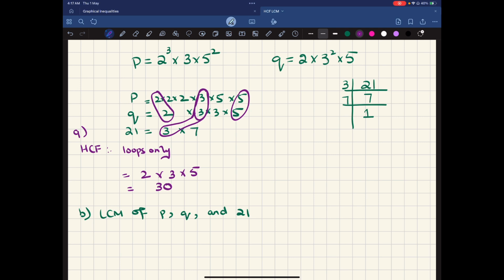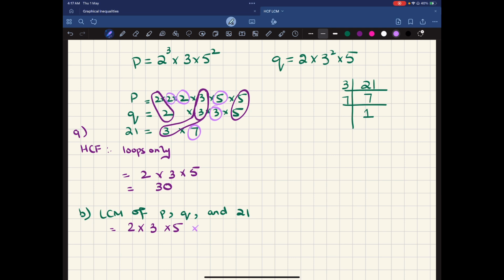So the LCM is, first let's jot down the loops. So 2 into 3 into 5, and then the extra loops, so 1, 2, 3.